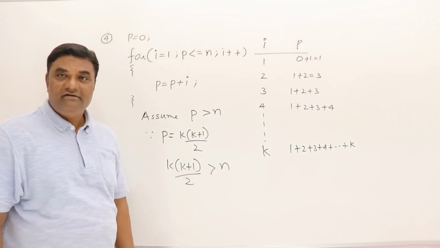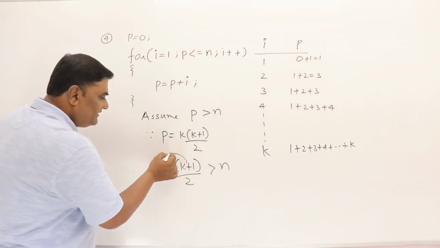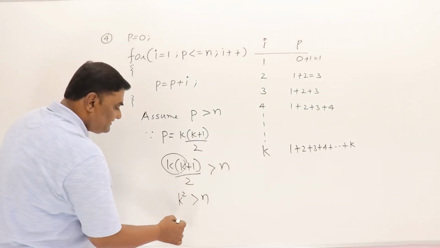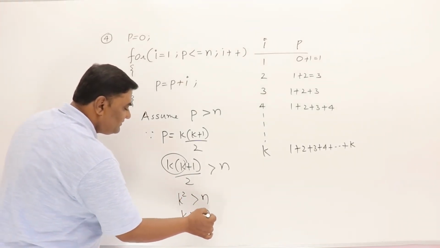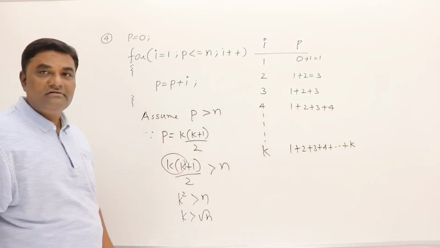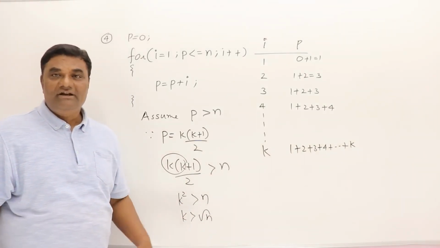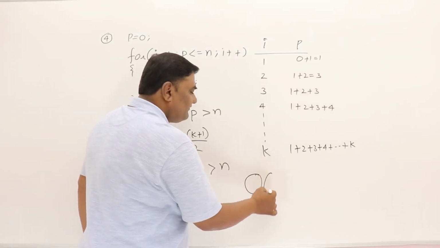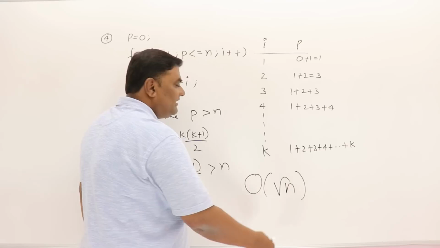So what is k? Roughly we assume it as k square. So what is k? k is root n. So this loop will execute for order of root n times.